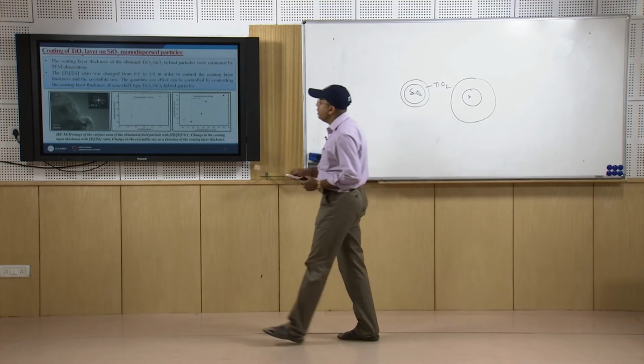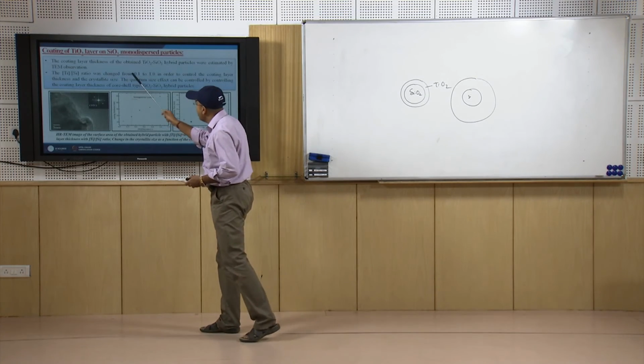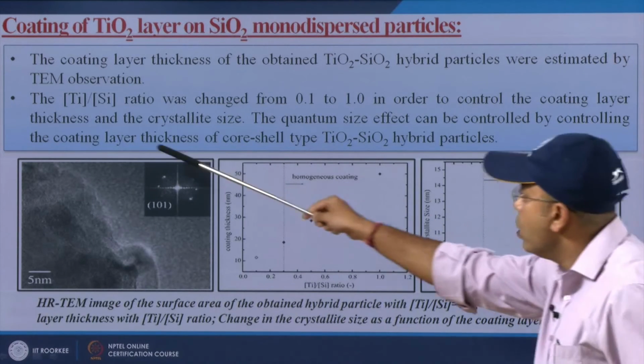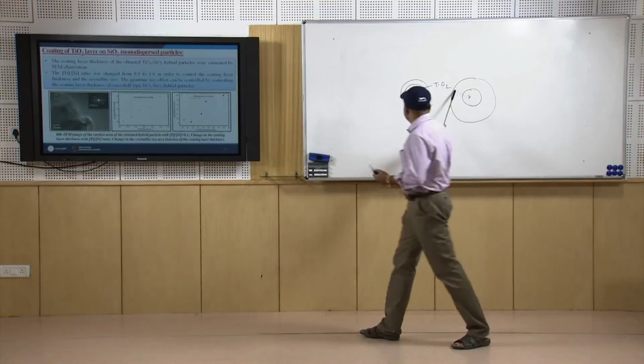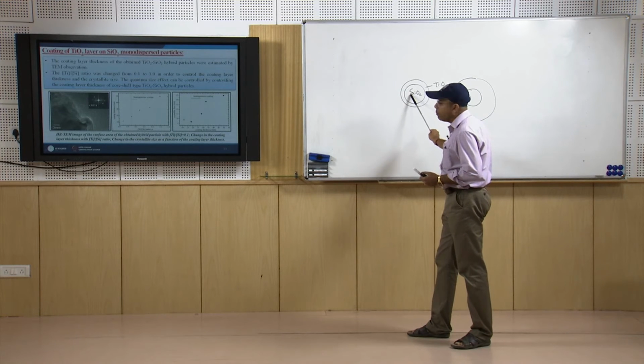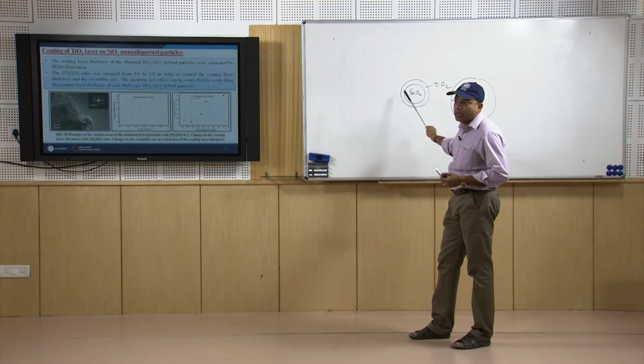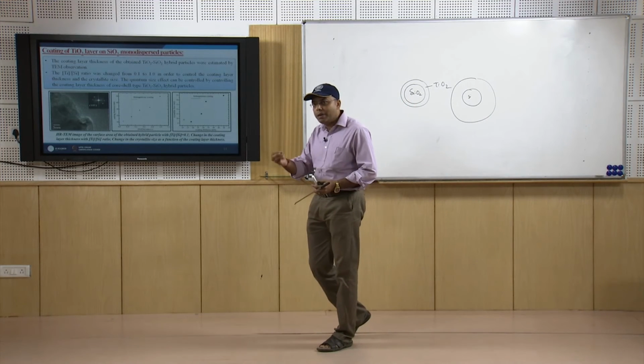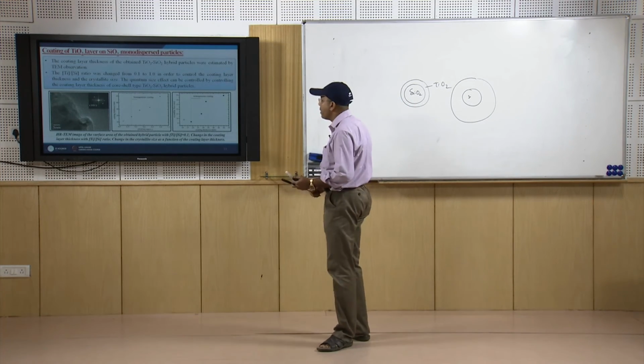The same thing has been written over here, 0.1 to 1.0, in order to control the coating layer thickness. In one case I am trying to increase the coating layer thickness, in another case I am trying to increase the crystallite size. In both cases I can check whether our material is giving better properties than the previous one.